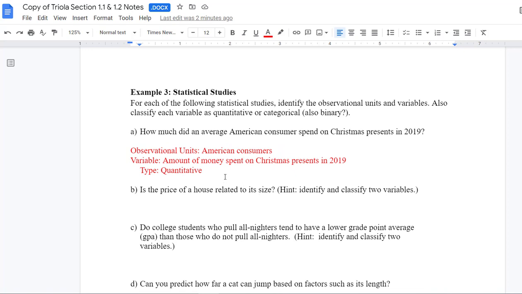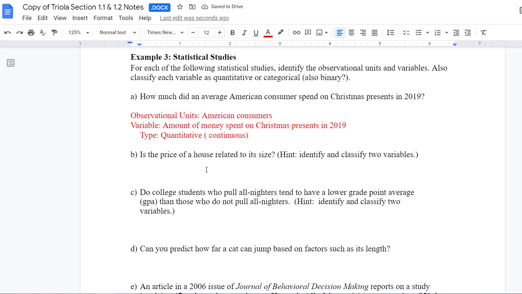So here, the amount of money spent on Christmas presents is quantitative, and we're going to say continuous, because it has dollars, cents, and those are how many cents. There's lots of values, and it's not discrete like 1, 2, 3, 4, something that you can count easily.